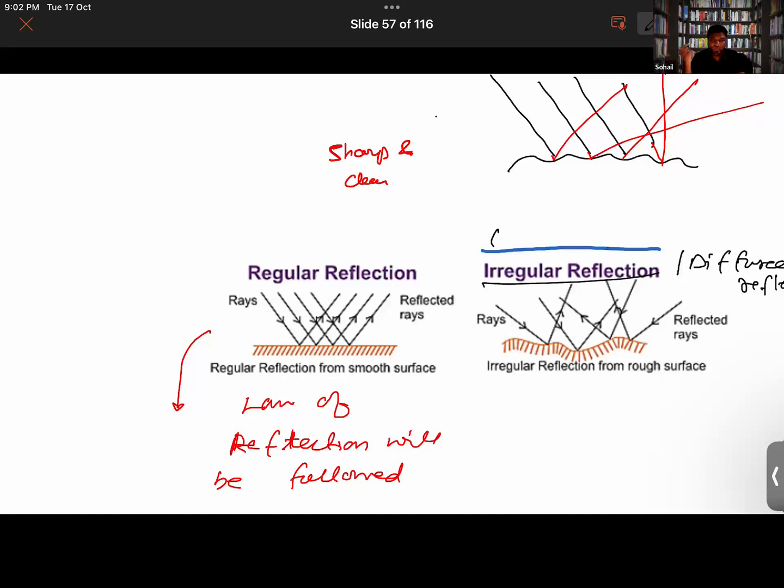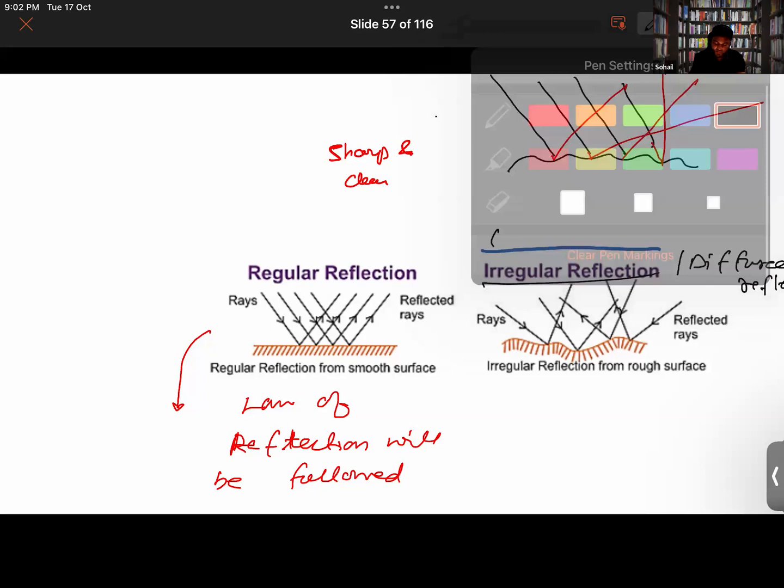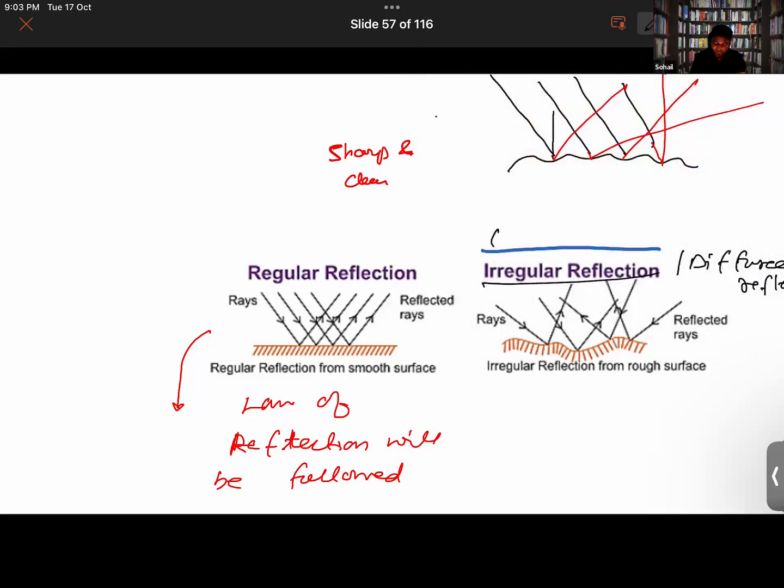Here either the angle of incidence will be greater than the angle of reflection, or the angle of incidence might be smaller than the angle of reflection.